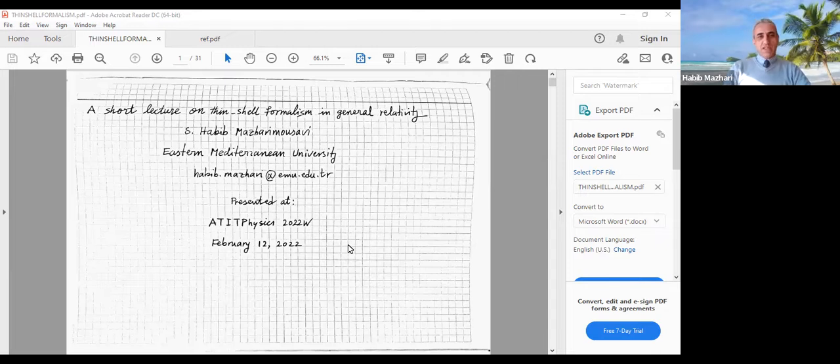So the subject is about tensor formalism in general relativity, and let's say what is its application, what is its necessity, and the subjects around this formalism.